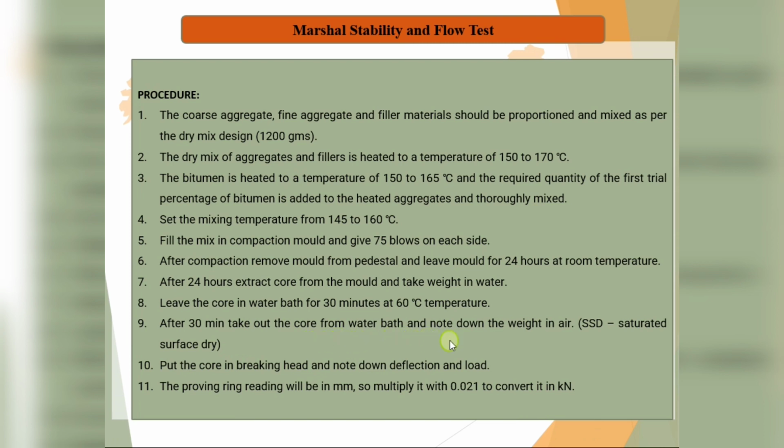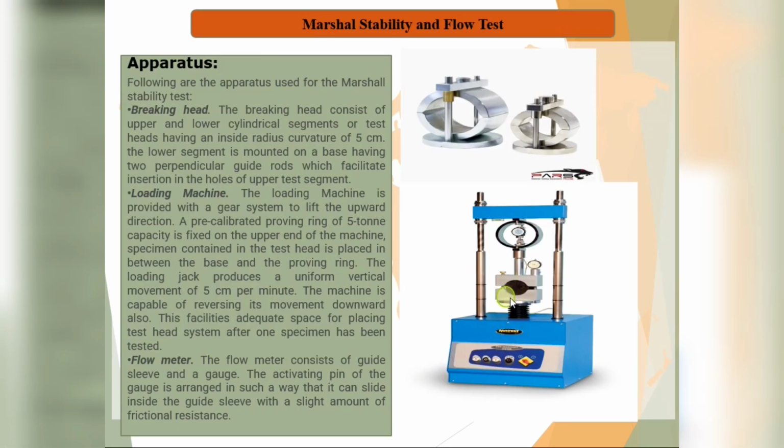After 30 minutes, we take the core from the bath and note down its weight in air, which we call SSD. SSD stands for saturated surface dry weight. Then put the core into the breaking head and note down the deflection and load. Here you put the core in the mold, and after that you apply the load.